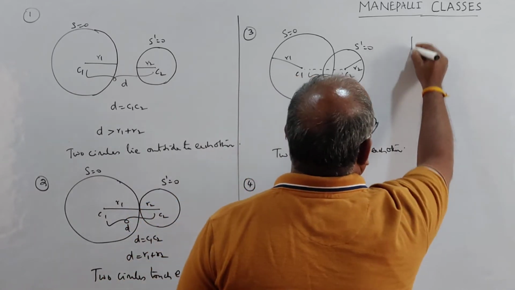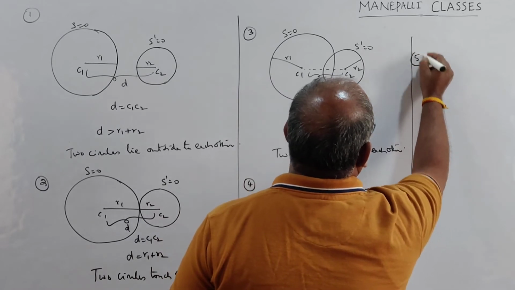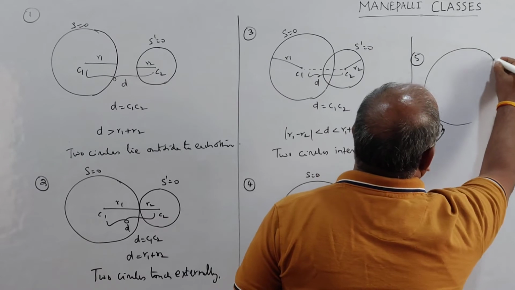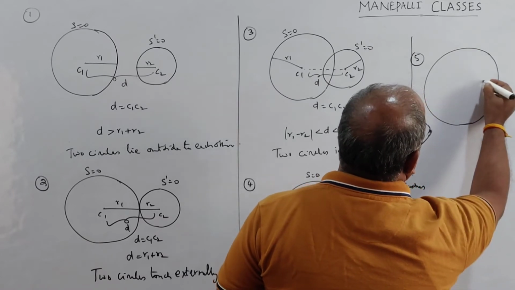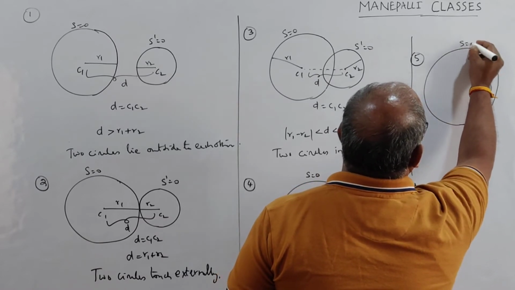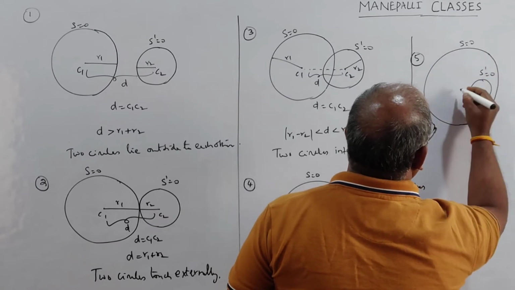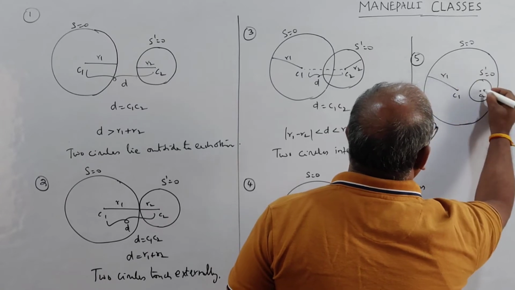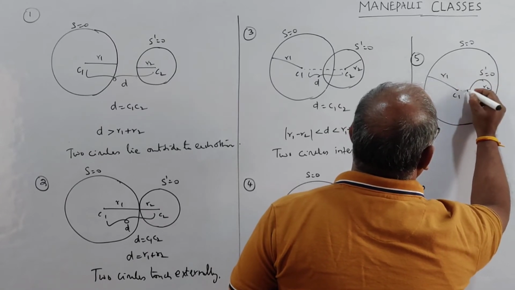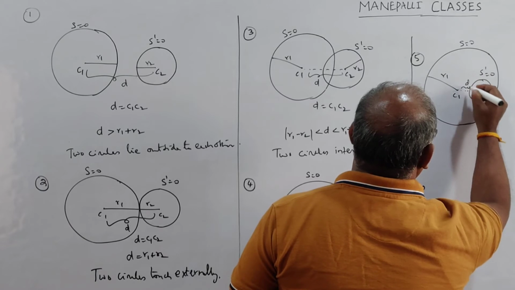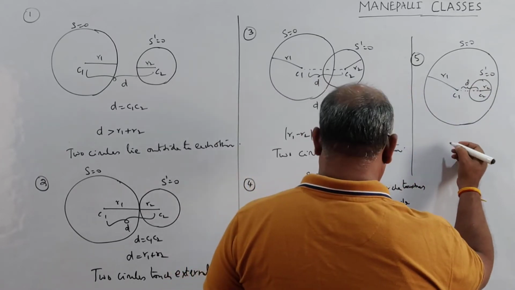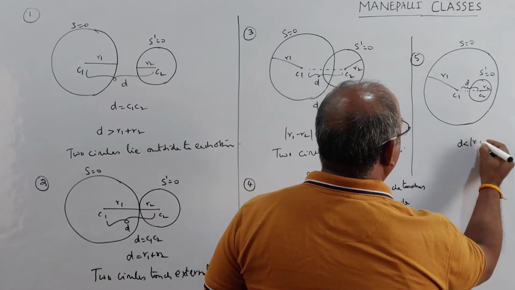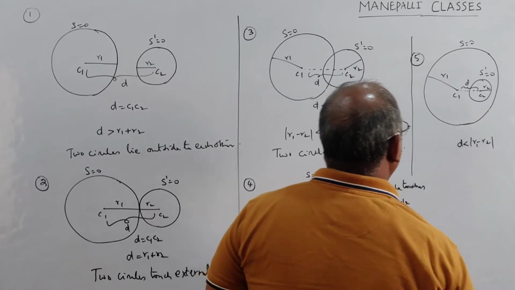Let us have the last case. This first circle and this second circle. S equal to 0, S dash equal to 0. This is C1, this is C2, this is R1, this is R2, and this is the distance between the centers. Here you see D is less than modulus of R1 minus R2.